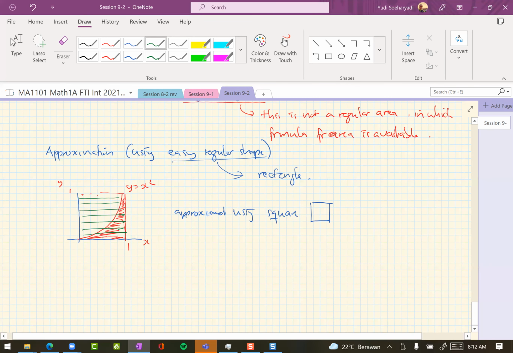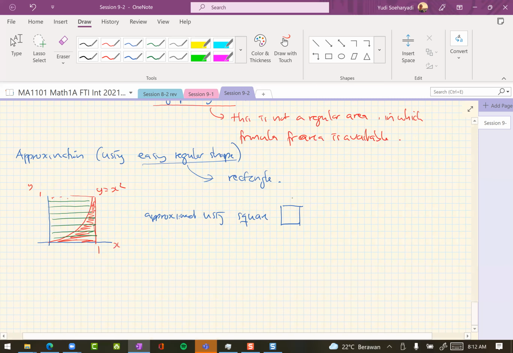So this first approximation, say approximate area A is one, because this is one, this is one.